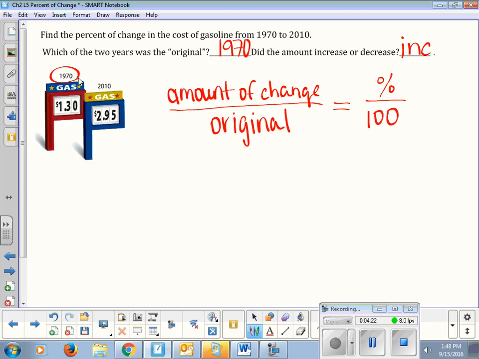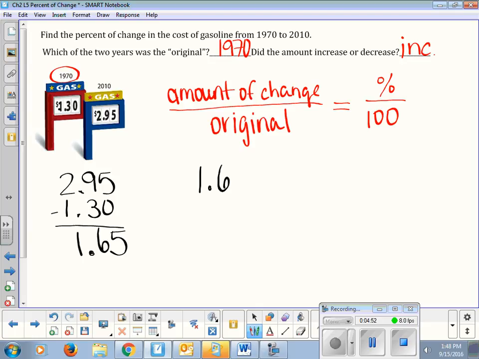So if we're looking at our amount of change, if it changed from $1.30 to $2.95, you can subtract $2.95 minus $1.30 to determine how much it changed. What do you get when you subtract those? $1.65. So we have $1.65 as our amount of change.